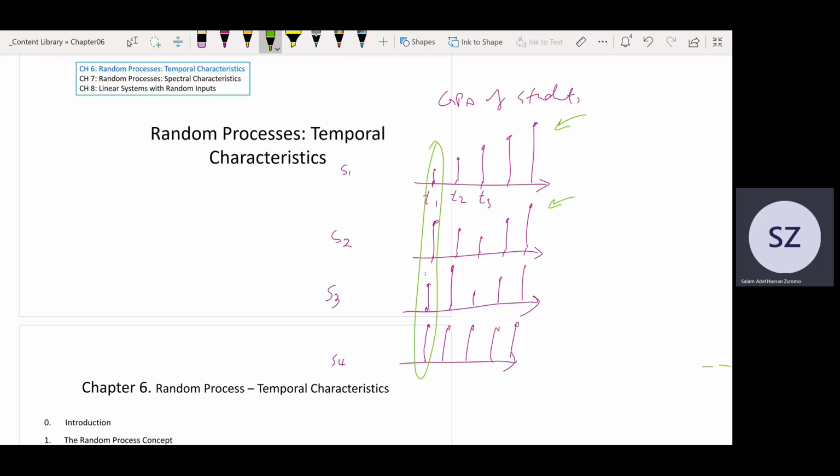These 100 different numbers constitute a random variable, with a distribution, an average, a variance, and so on. If I look at the second semester, I get another 100 numbers, which constitute another random variable.